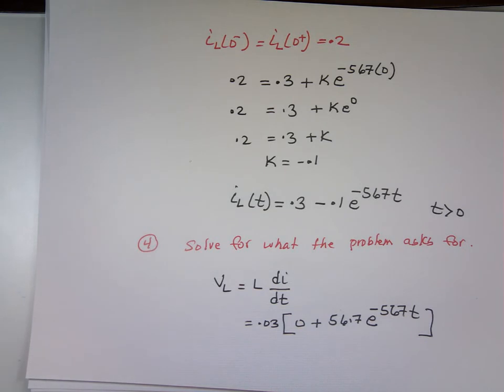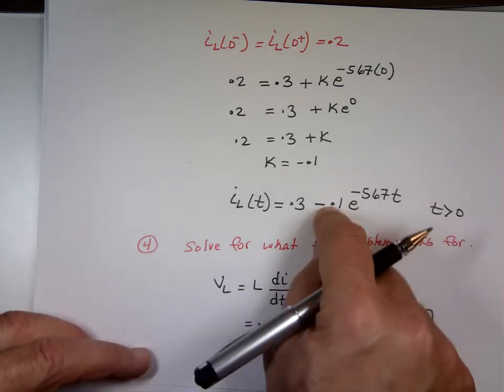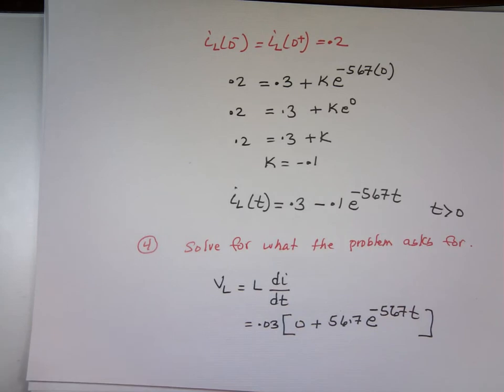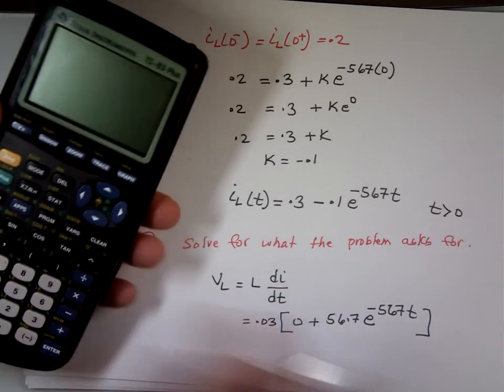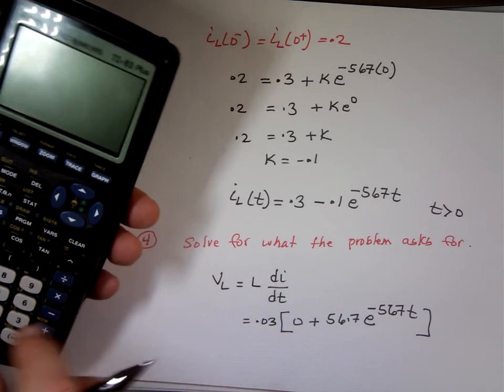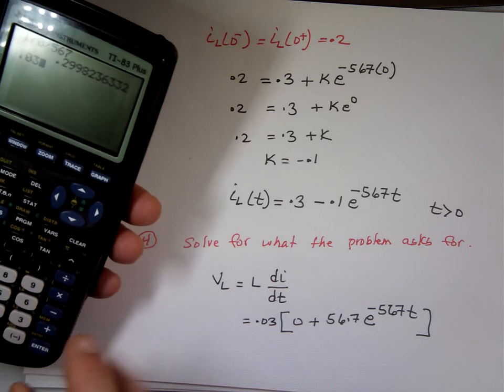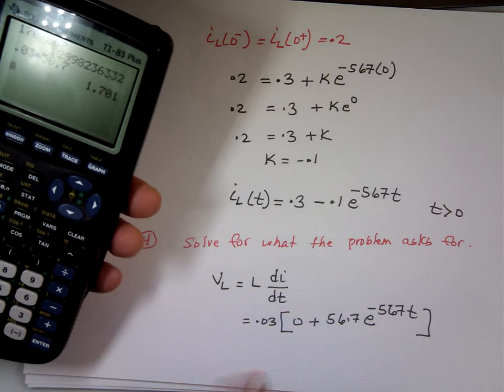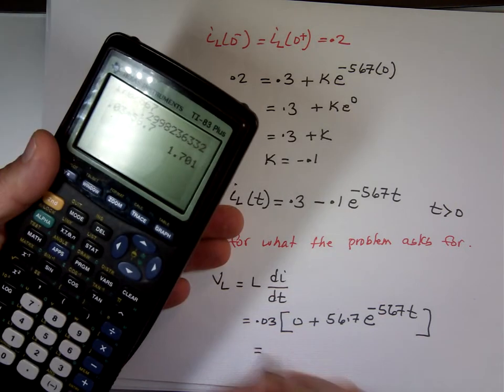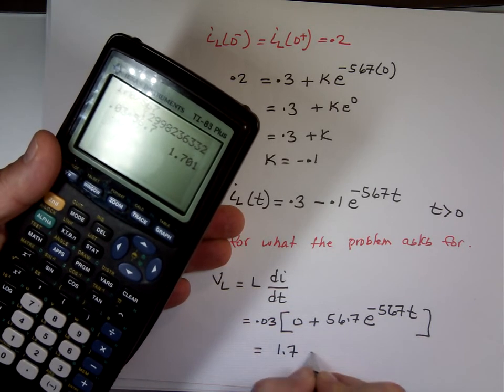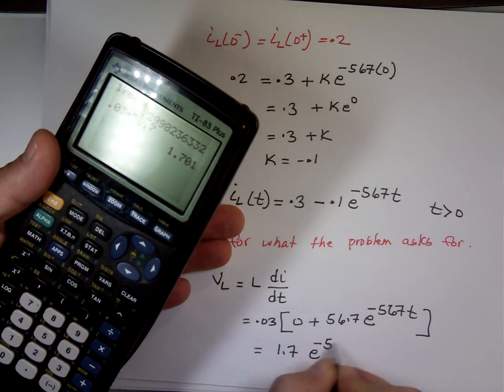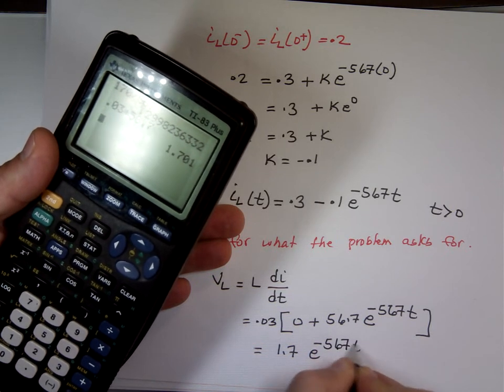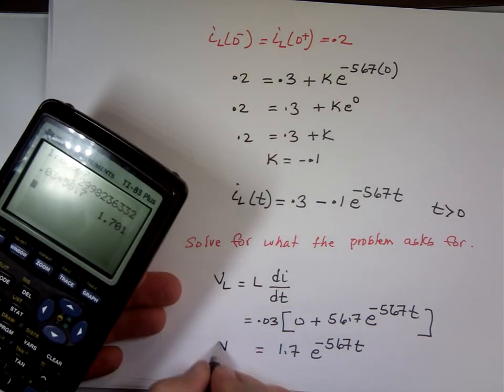This times that, e to the negative. So now 0.03 times that number, 1.7 e to the negative 567t. That's the voltage across the inductor at any given time.